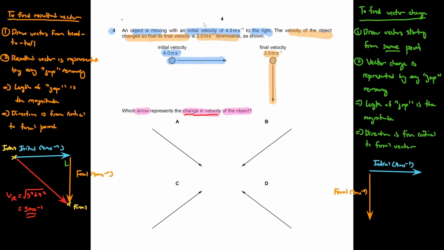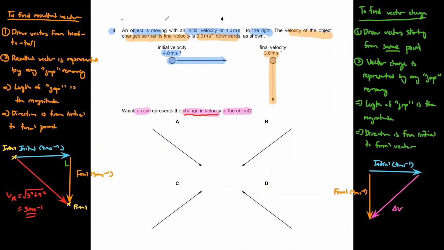You again see that there's actually a gap here. So as mentioned, the vector change is represented by any gap remaining. The length of the gap will be representing the magnitude of your vector change, and the direction of your vector change will be from your initial to your final vector. So in our case, the vector change is represented by this pink arrow like this. Okay, so this is our vector change.